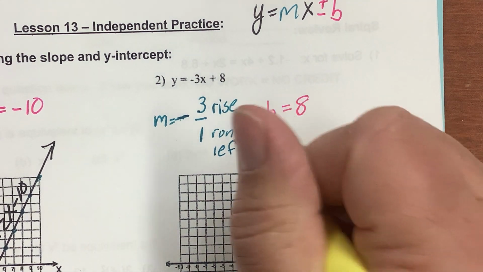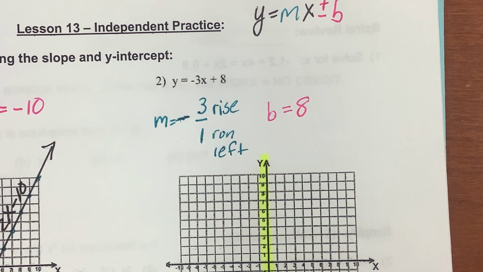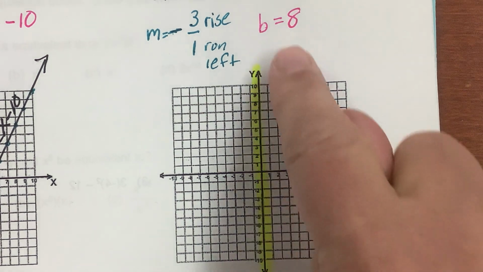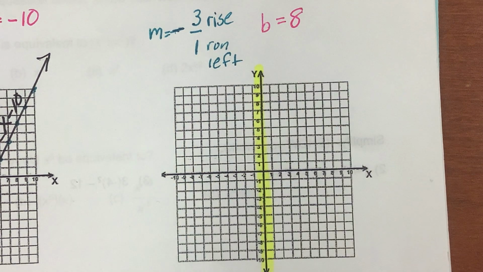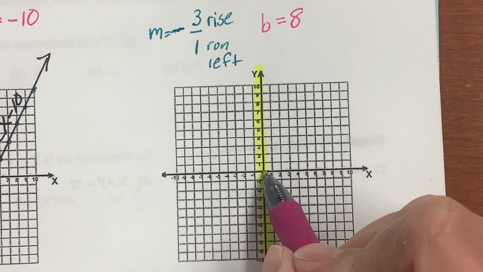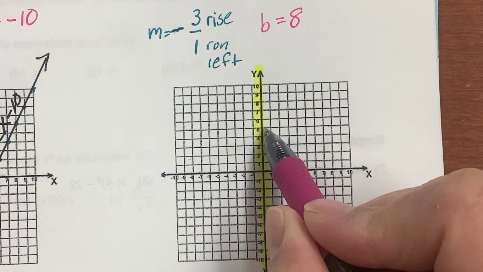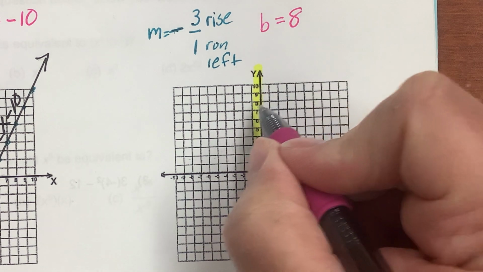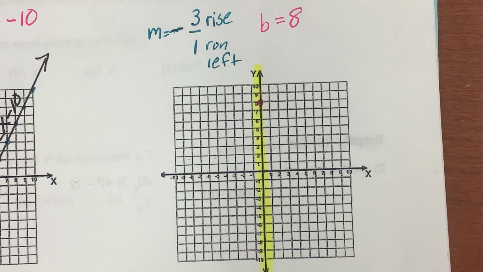Because it's yellow. Yay, yellow. No, because it's the y-intercept, and the y line tells me where to start. I begin with this positive 8. So here's 0, and positive 8 counts up 8. 1, 2, 3, 4, 5, 6, 7, 8. And there's my first dot.